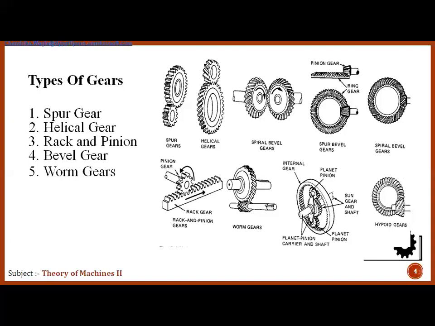That can be achieved only and only with the worm and worm gear. This is the biggest advantage of this gear pair. This is the worm gear and this is the worm wheel. If the worm rotates one revolution, the wheel will rotate 100 revolutions like that. So that is the worm and worm wheel gear pair.